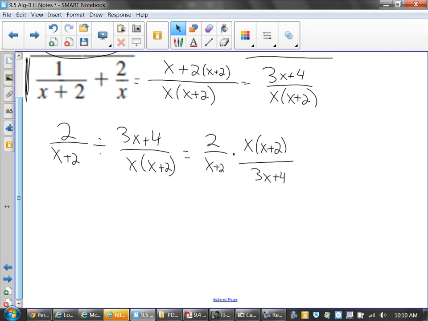There's no addition here. It's all multiplication. And my final answer is 2x over 3x plus 4. Those are ugly. You should see some of the ones they have in the book. Some of the ones they have in the book are pretty bad.